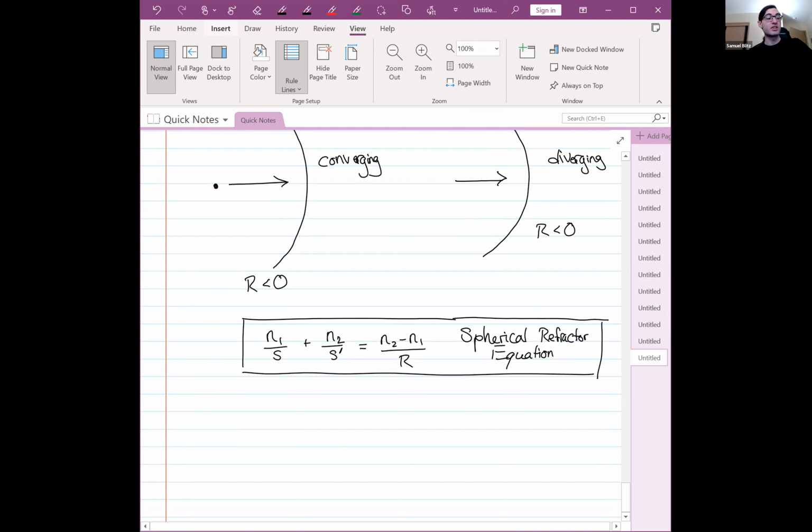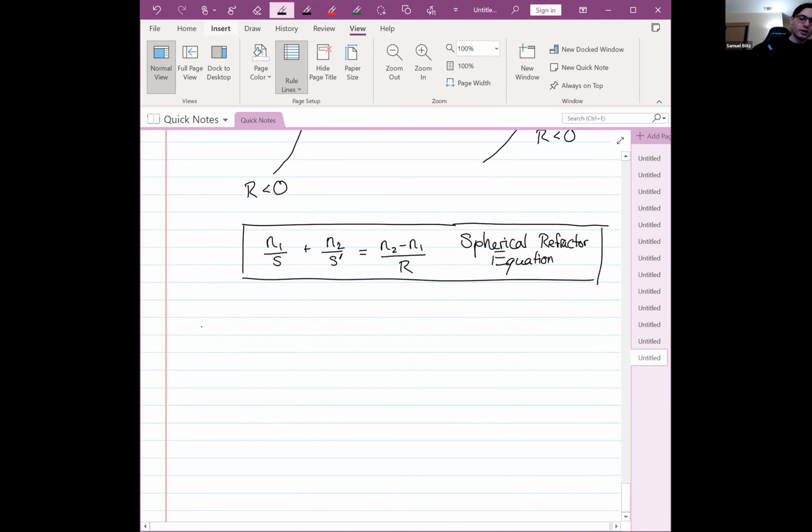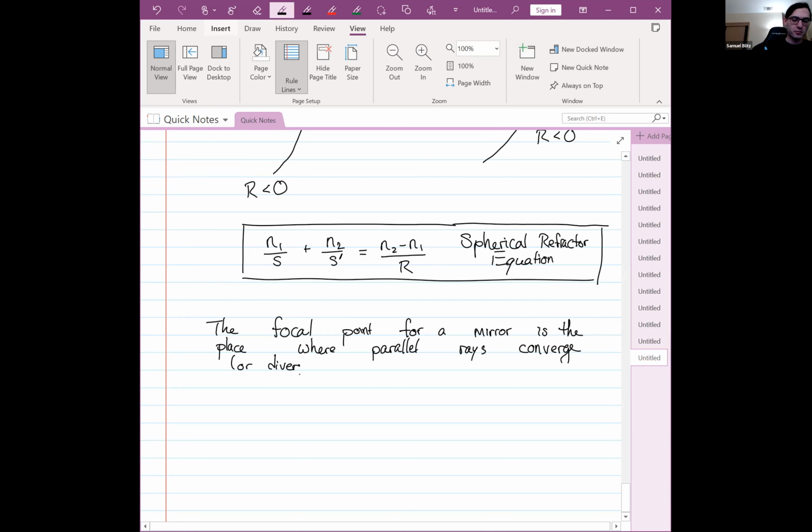Well, so mirrors have this special point, the focal point. The focal point for a mirror is the place where parallel rays all appear to converge to, or where they appear to diverge from, right?